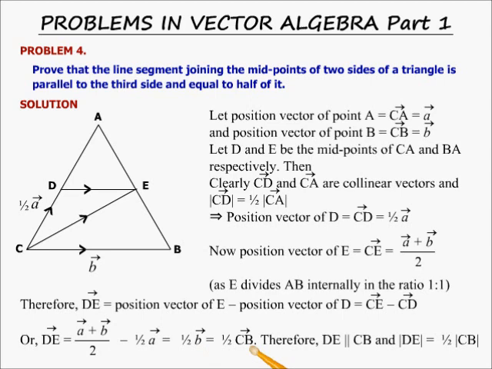This proves that vector DE is parallel to vector CB, which is the third side. Also, magnitude of DE is equal to half the magnitude of the third side, that is half into CB. Thus we prove it, and the problem is solved by vector method.